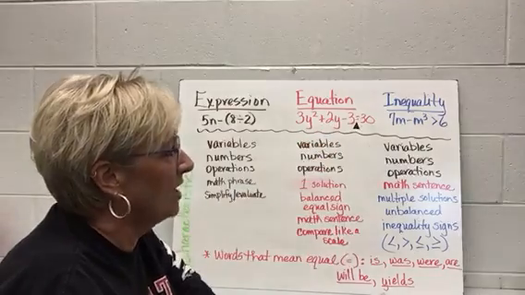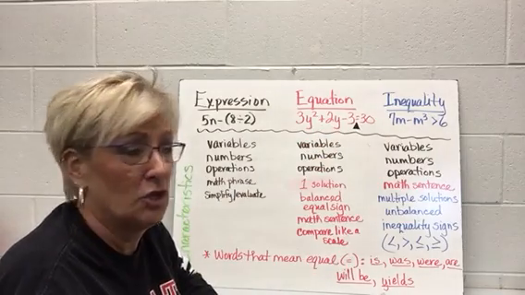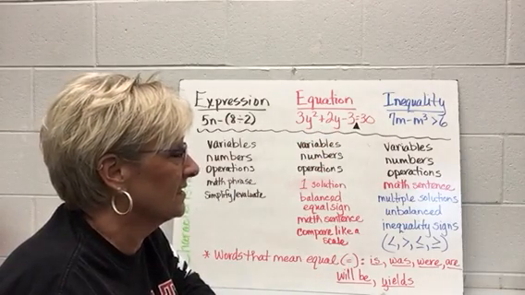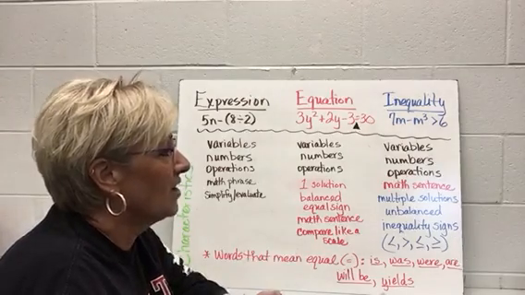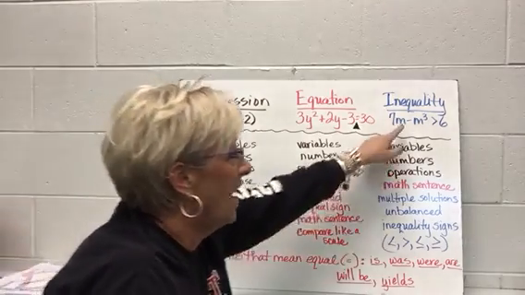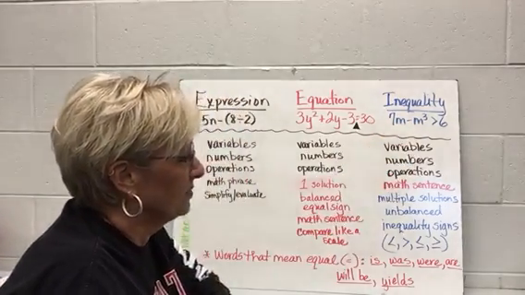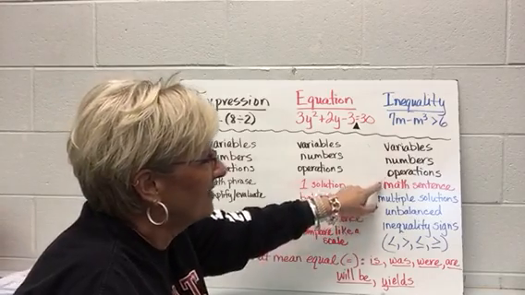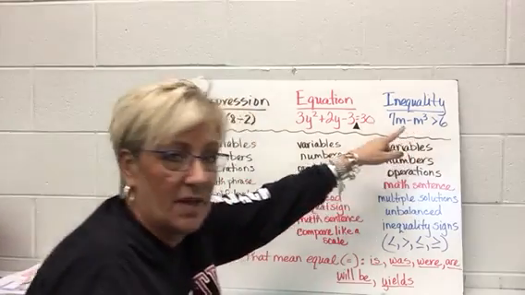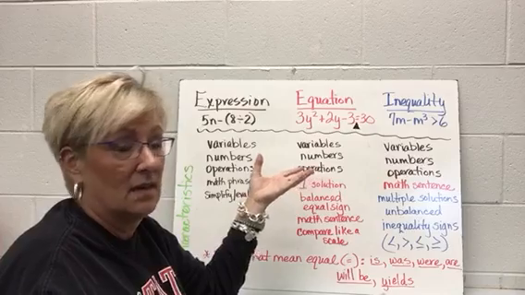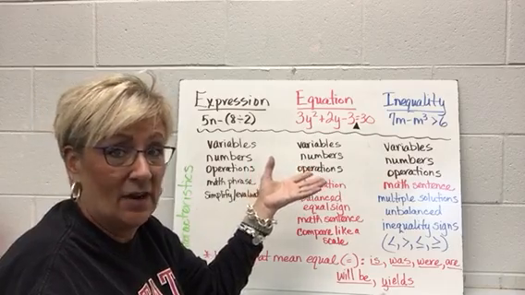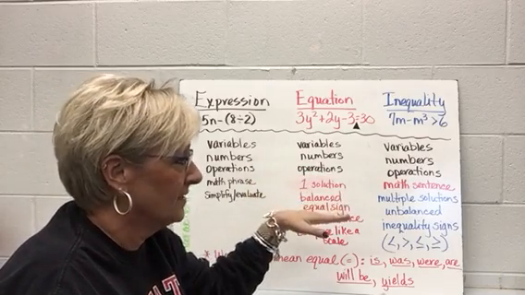Then you have your inequality of 7m minus m cubed is greater than 6. This means that you've got variables, you do have numbers, and we do have an operation sign of minus in this particular one. It is a math sentence because we have got a greater than, equal to, less than sign in there, so it is going to be a math sentence.